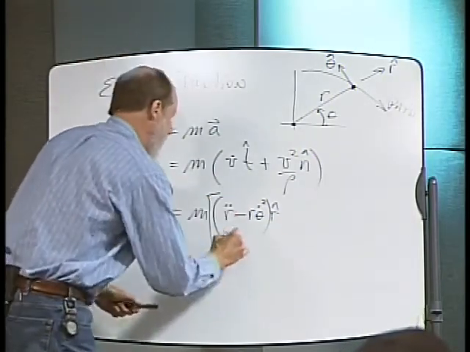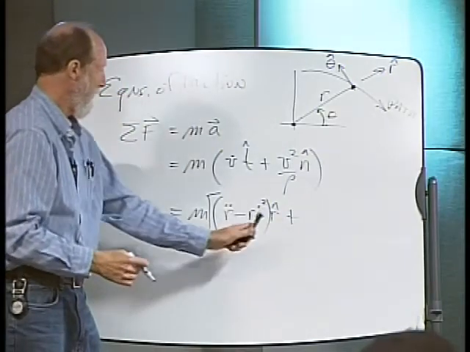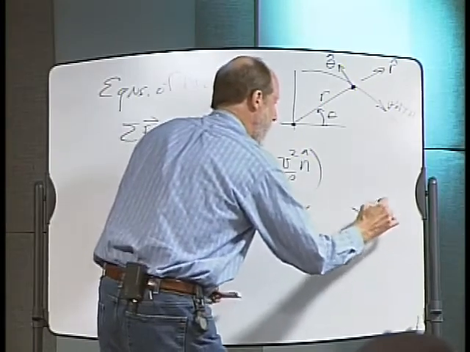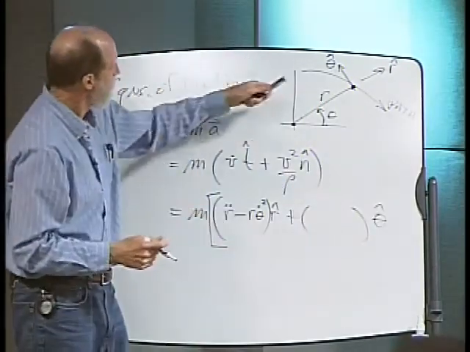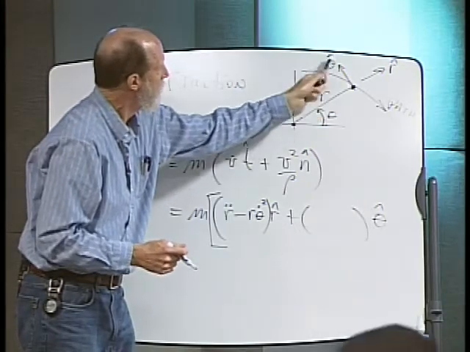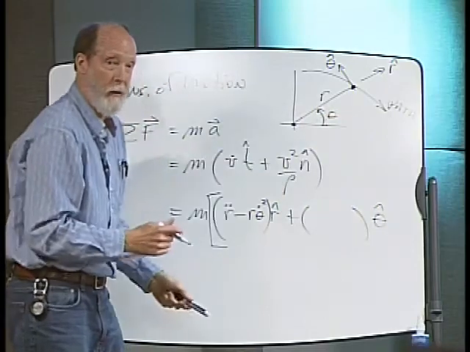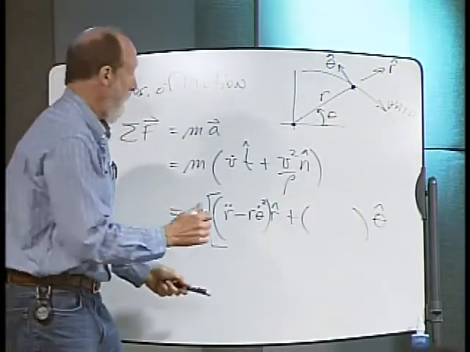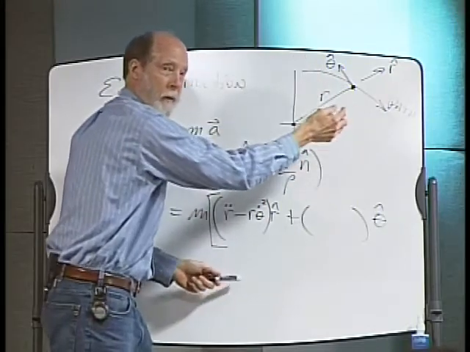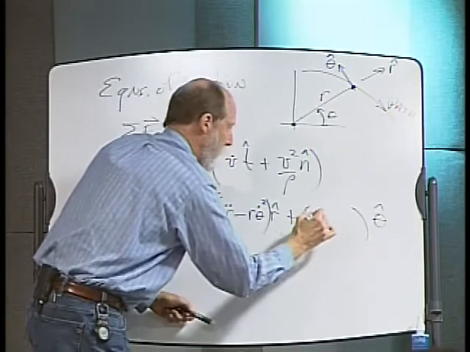And then we have to add to that, and this is all times the mass, remember, a theta-directed component of acceleration, which is in either the positive theta hat or negative theta hat direction. There is a pseudo-rotational one that you're familiar with that we think of as r alpha, and that's your clue to help you remember that.